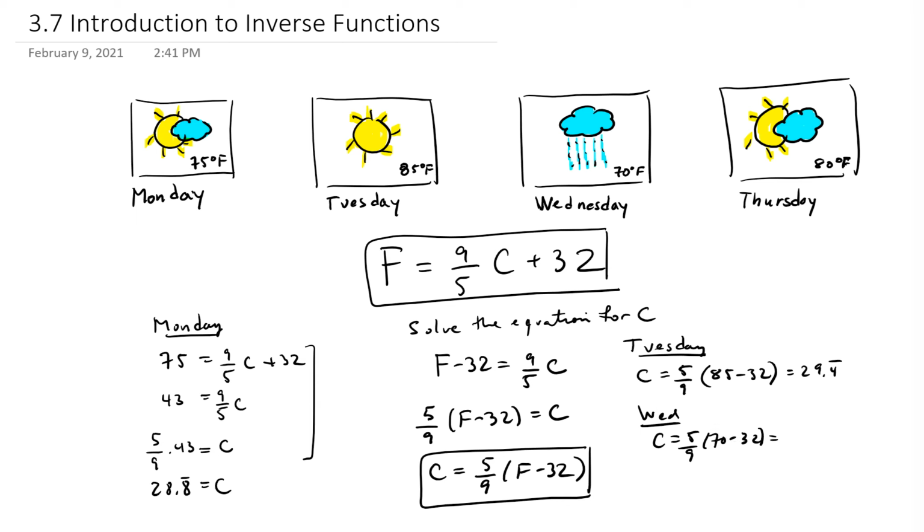That's going to give you 21.1 repeated degrees Celsius, and over here for Thursday you can do the same thing, so you get the idea. And that's 26.